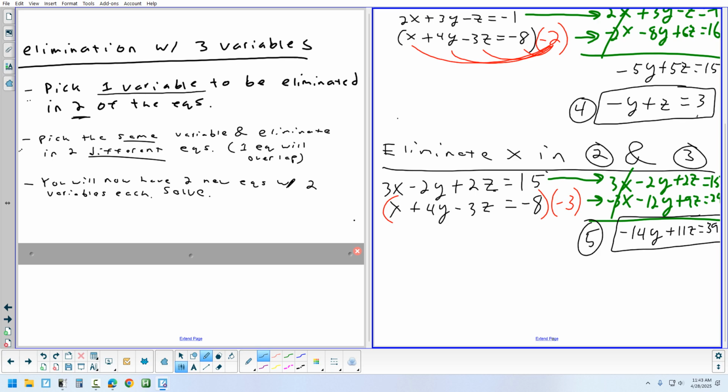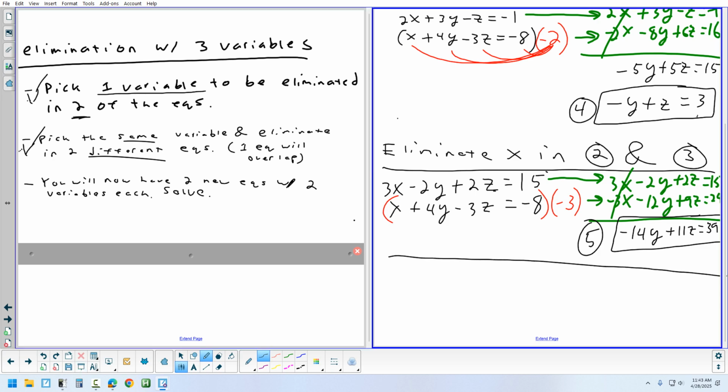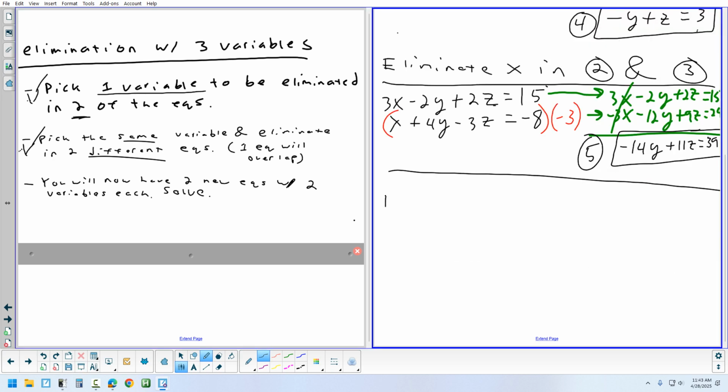Okay, so now you've done this and you've done that. Now you have two equations with two variables. Equations 4 and 5. They each have two variables. Now we're going to solve that problem. And that's going to give us the y, and then it'll give us the z.